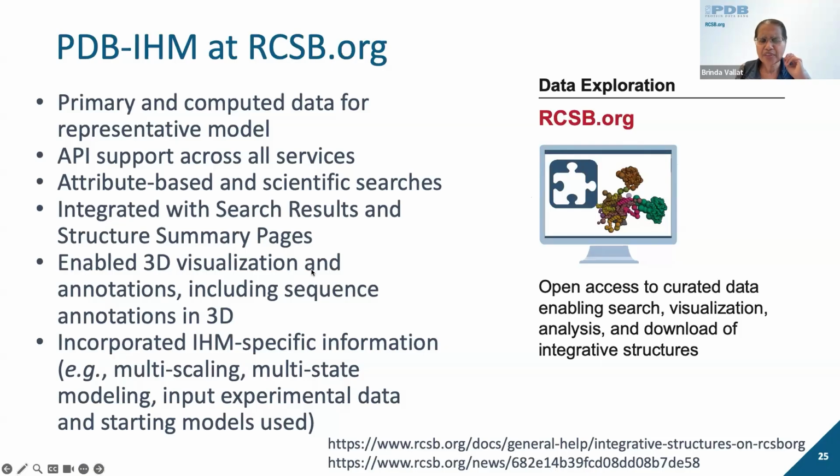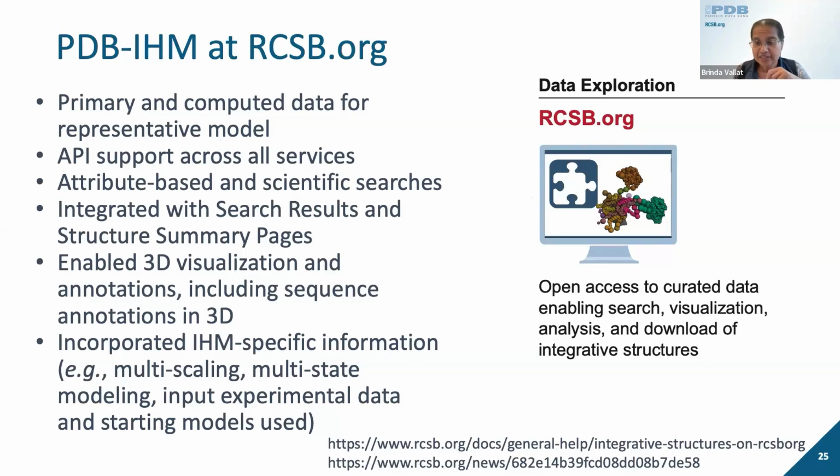I also want to point out that all this primary and computed data and all these external annotations are processed and loaded for a representative model. And this is consistent with what is done for experimental structures in the PDB. So if an entry contains multiple structure models, for example, an ensemble, then during deposition, depositors can select one of the models to be the representative conformation.